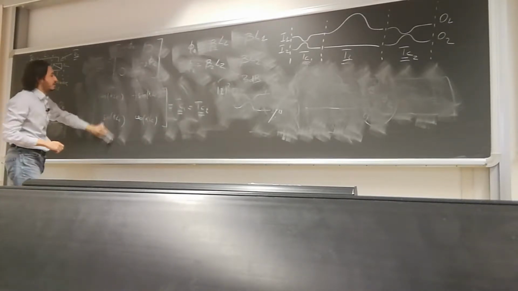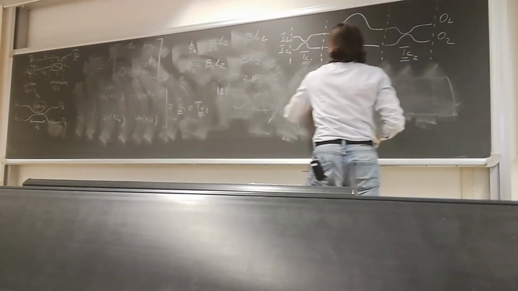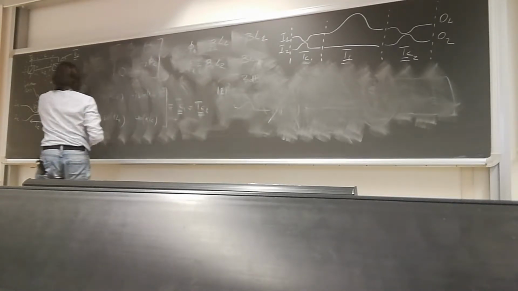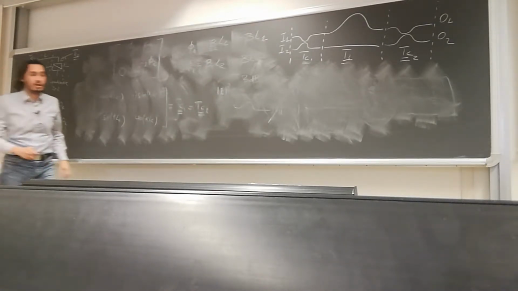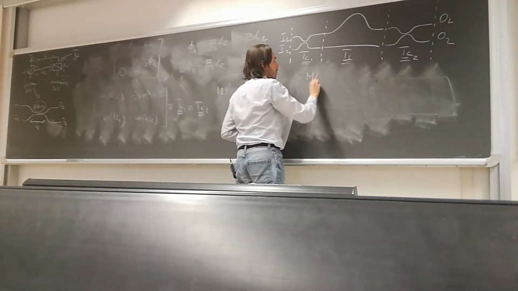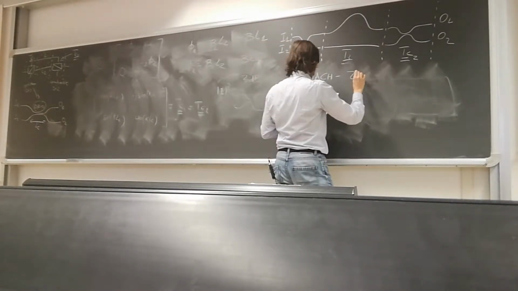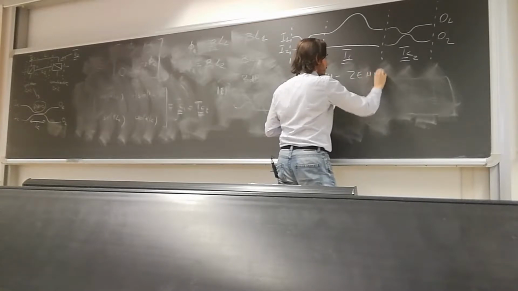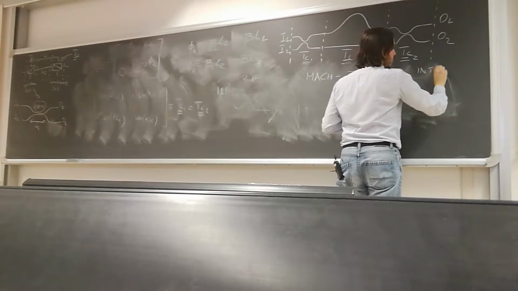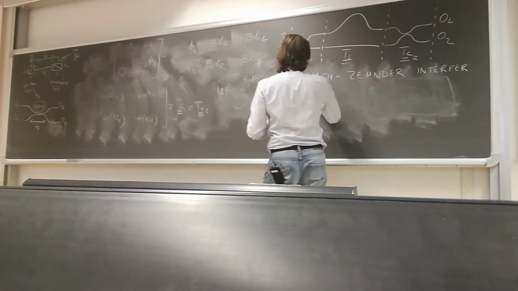It is a particular example of interferometer, one of the simplest, because I have just two beams interfering. Okay? And the name of this guy is Mach-Zehnder Interferometer. Okay.